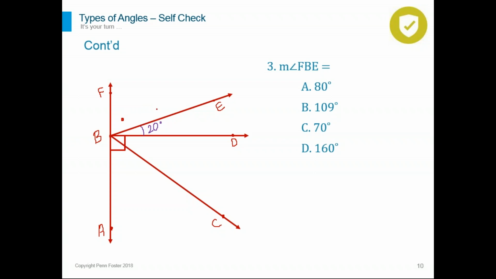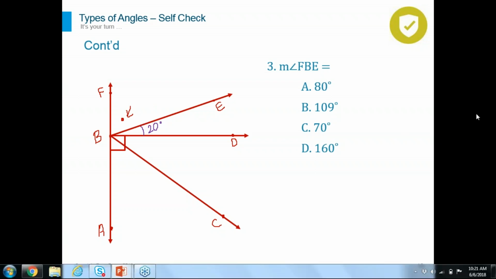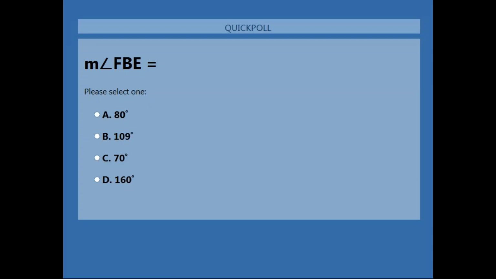So that gives us an idea on how to find the measure of this angle. I'm going to put up the question and you're able to select your answer. What is the measure of this angle? And here you go.